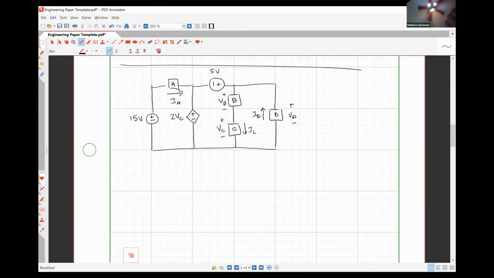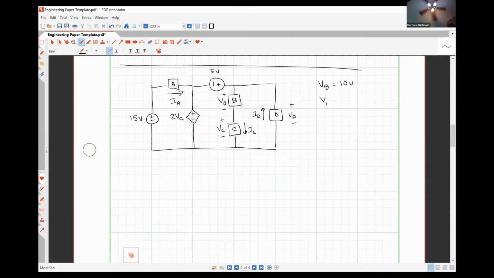Let me double check. IA is from left to right. VB positive polarity on top. VC positive polarity on top. VD positive polarity on top. IC is down. ID is up. All that seems legit. We're told VB is equal to 10 volts.